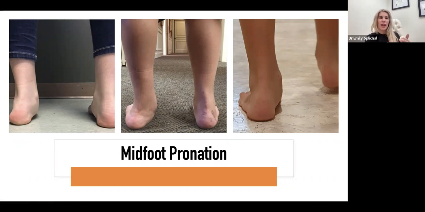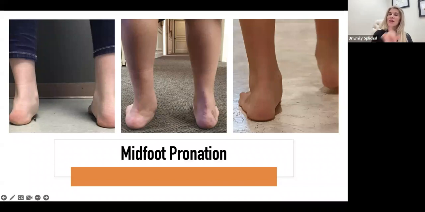Okay. Now a foot that has this degree of midfoot pronation or navicular dropping is very, very difficult to correct and reverse with exercises. It's extremely difficult. I would probably put it as probably impossible to correct that with corrective exercise.